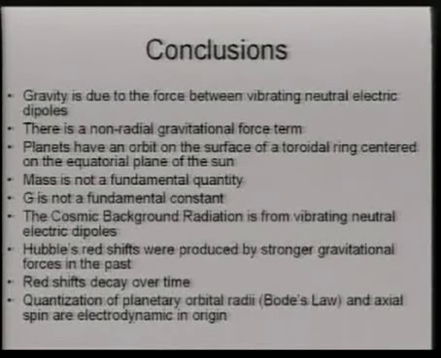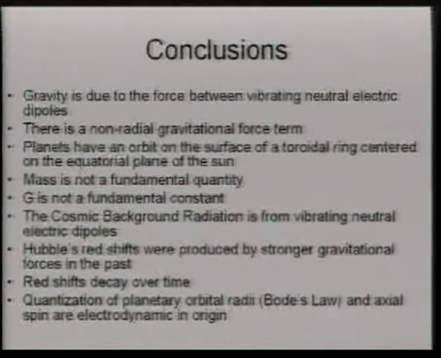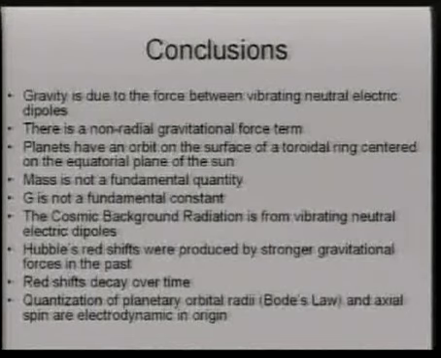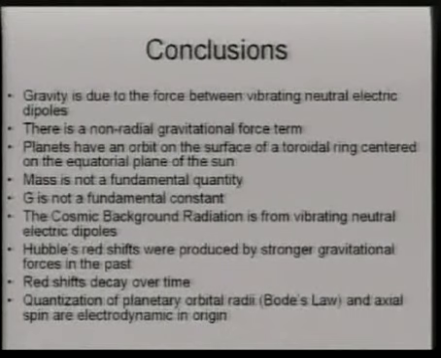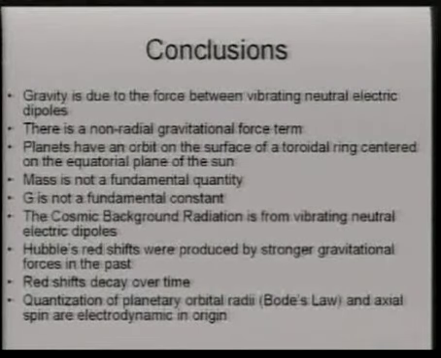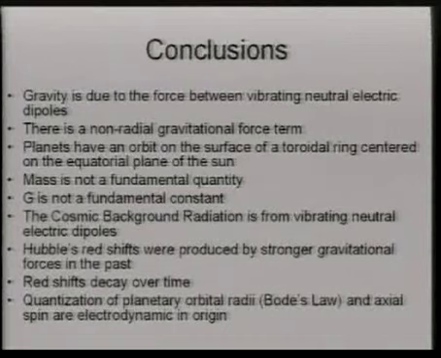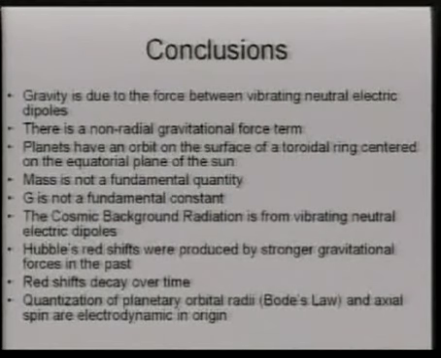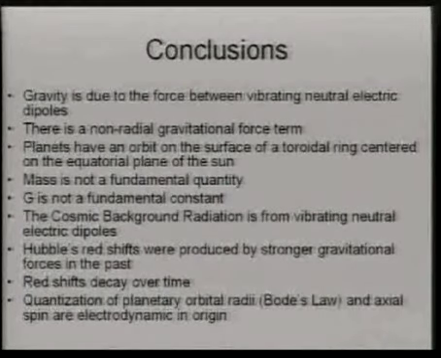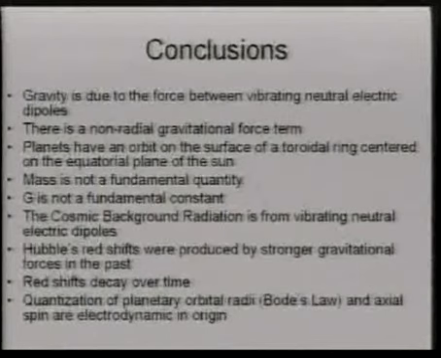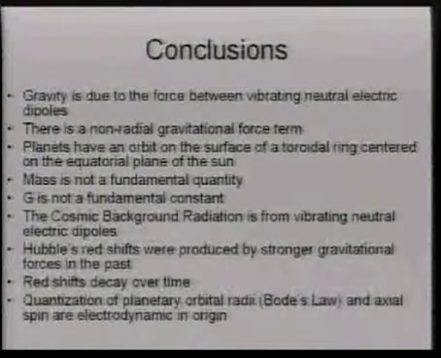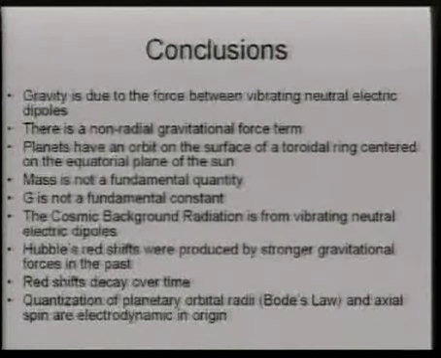See, our theory, like Einstein's general theory of relativity and Newton's universal gravitational theory, is supposed to have all orbits centered on the equatorial plane of the sun. Ours does. They don't. So we're the first, because our ring is centered on the equatorial plane of the sun. So we have the first one that meets that criteria, which everyone expects to be true.